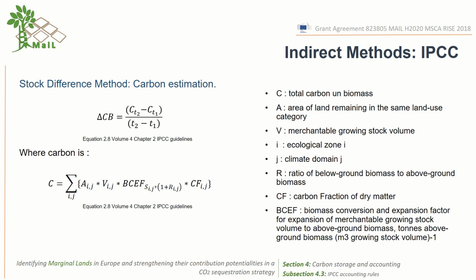In this method, carbon is defined as the aggregation of all the carbon stored in the merchantable growing stock volume, expanded to the above ground and below ground biomass using biomass conversion and expansion factors, also known as BCEF, and conversion ratios between above ground and below ground biomass, also known as R. The carbon values are estimated for a given area in a given time.